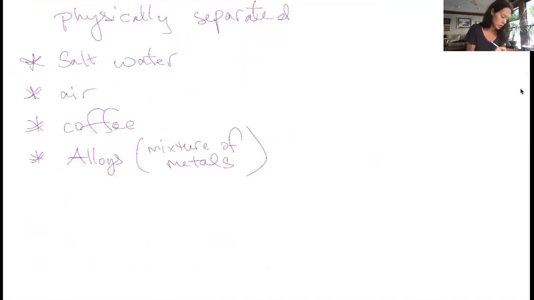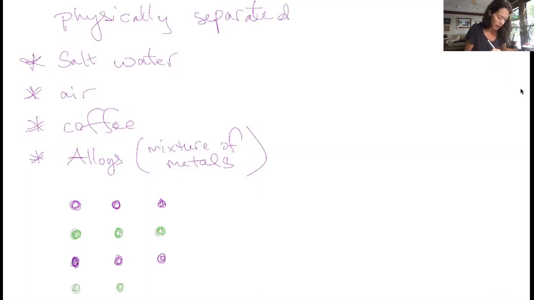Homogeneous mixtures would maybe look something like this. Maybe we've got this, this, this, and then we've got some of these and these and these. And we've got some of this and this and this. And then again, we've got some of these.